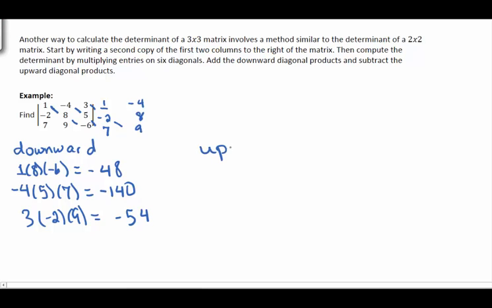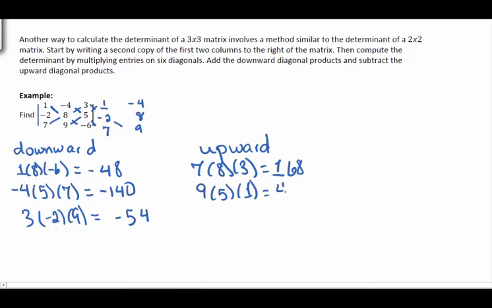The next are the 3 upward diagonals. 7 times 8 times 3, which gives us 168. The second, 9 times 5 times 1, which is 45. And then the final, negative 6 times negative 2 times negative 4, which is negative 48.